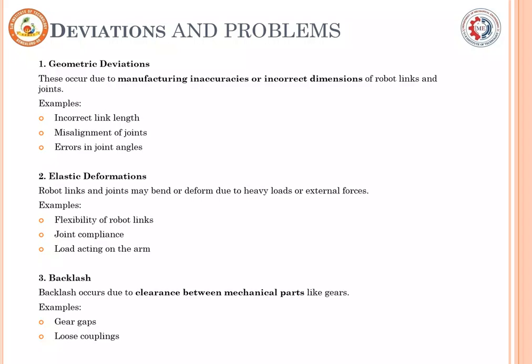Elastic deformation happens because of the flexibility of the robot link and joint compliance, both acting on the arm. Backlash occurs due to clearance between mechanical parts like gears, gear gaps, and loose couplings. Because of this, the deviation is going to happen.